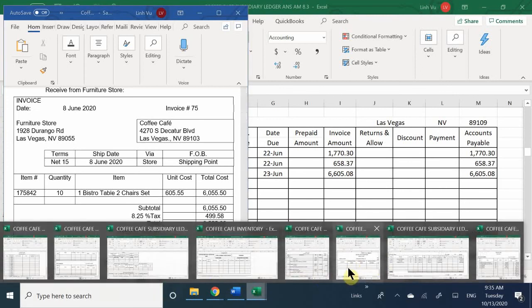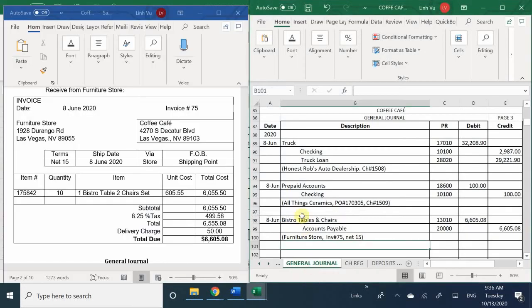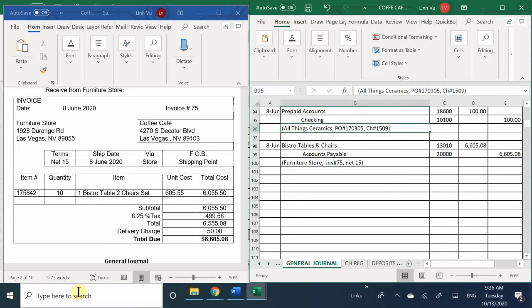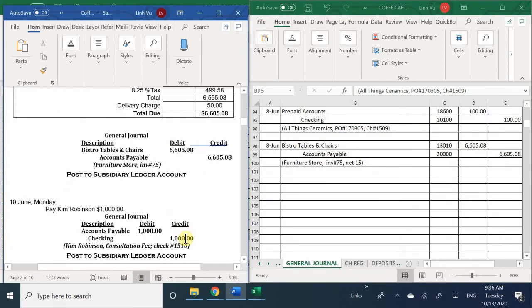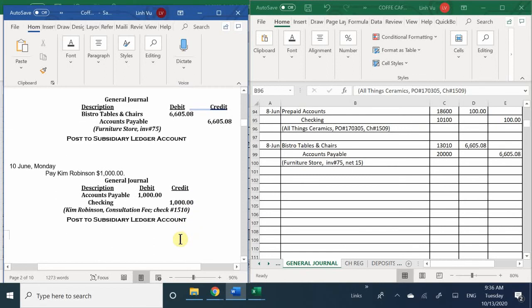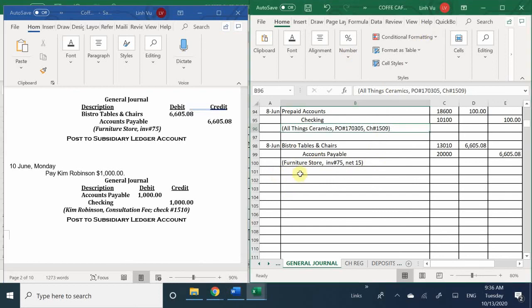Back to my journal. All right. What happened next? So Kim Robinson for the amount of 1,000. And how do you pay somebody? Always a check. Yes.